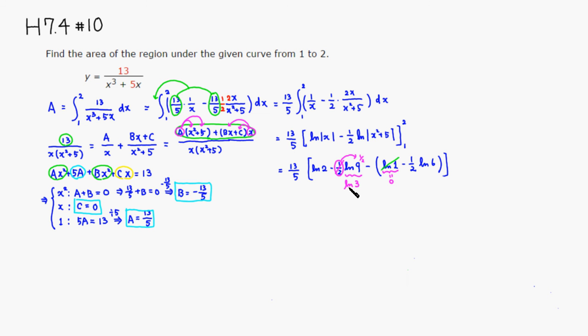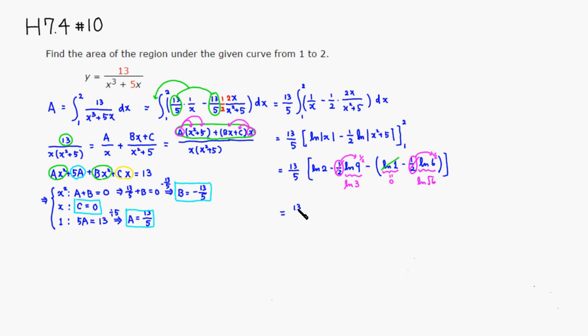Same thing here: we have a 1/2 which we can put as a 1/2 power, and we can write it as the natural log of the square root of 6.